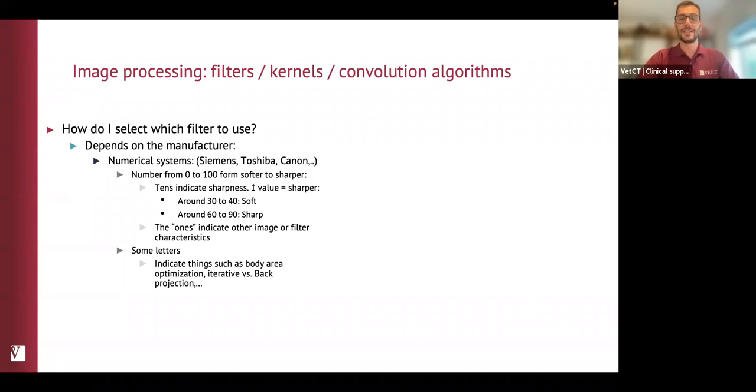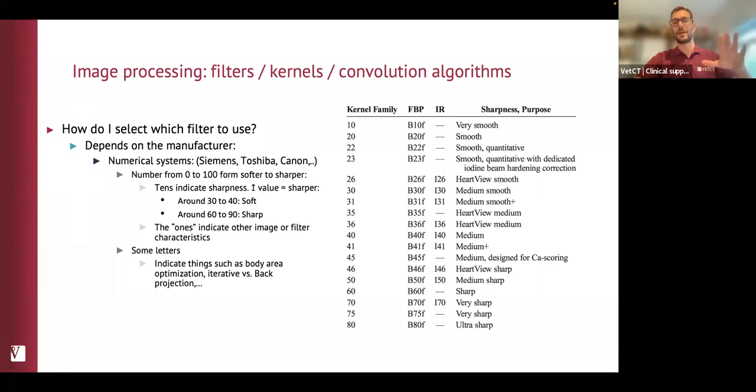For example, Siemens, Toshiba, and Canon use a system that is numerical, but also with some letters. These are some random examples; there are hundreds. This is from a Siemens scanner. You've got literally hundreds of combinations, but you get a number, and the tens tell you how sharp it is. If it's a 10, it's going to be a very soft image. If it's an 80 or 90, it's going to be very, very sharp.